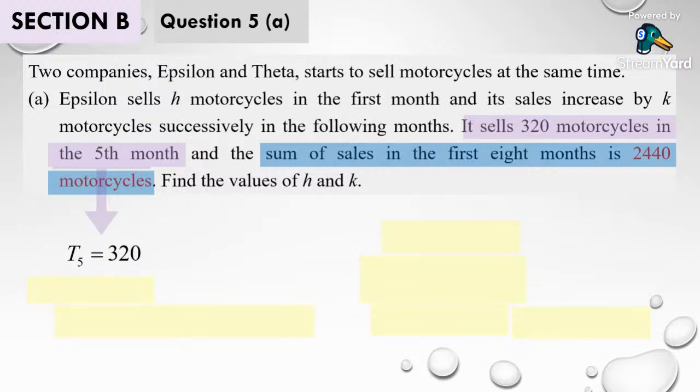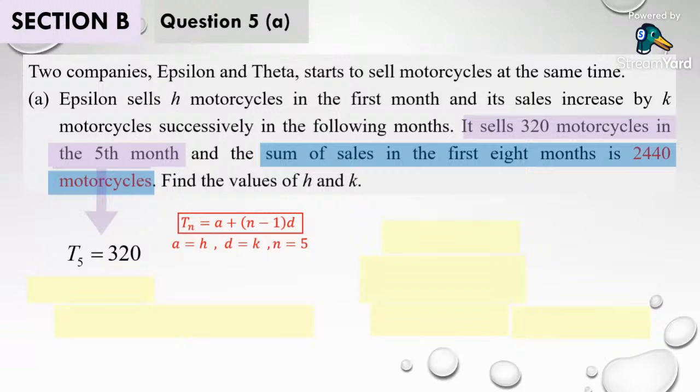In the next slide, having 320 motorcycles sold in the 5th month, I consider this as T5 according to the interpretation just now. So make sure every time you write T something, you know what it refers to. Here I refer to the sale in the 5th month, so it will be 320.